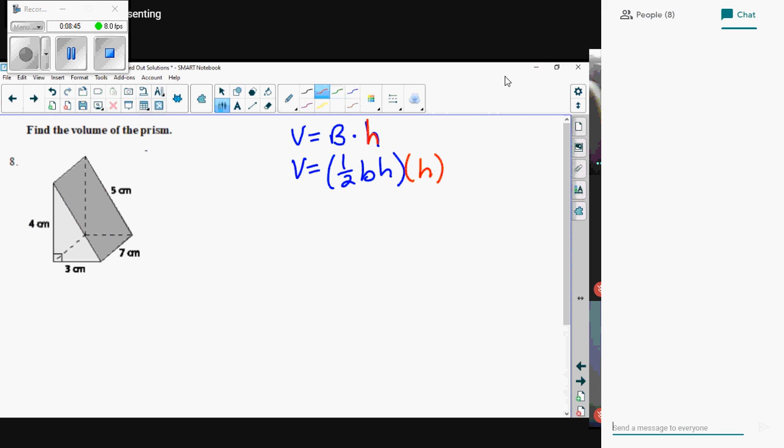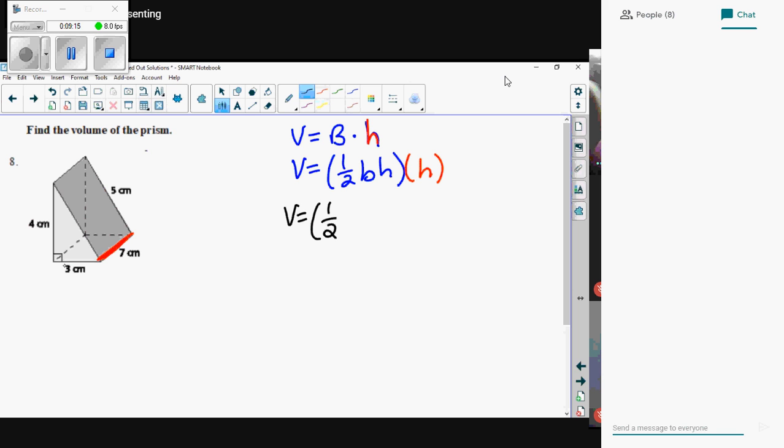Now, one of the things that students have to learn to recognize is that for the height of the prism, we have to measure the height as the prism sits on its base. Well, the height of the prism as it sits on its base is going to be 7 centimeters. That's going to be our h, the height of the prism. The other h is the base and the height of the triangle. All right, so let's start with that.